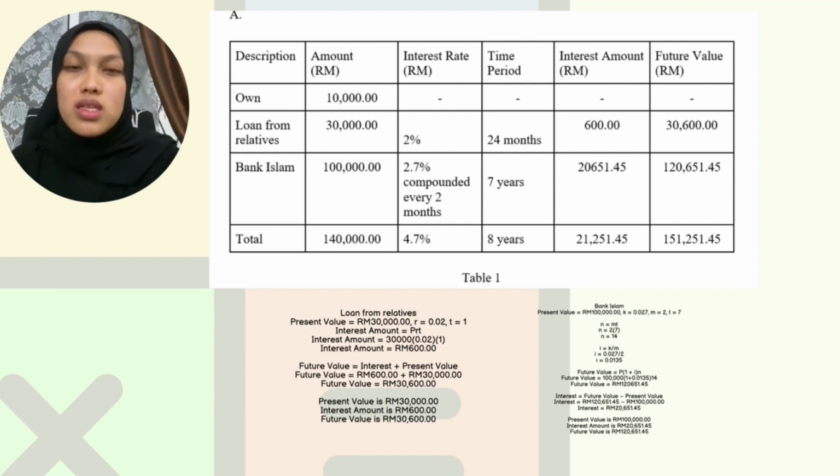We put all these numbers in the formula and we get the answer, which is 120,651.45. Then we can find the interest amount for Bank ABC using the formula I equals FV minus PV, and we get the answer 3,650.455.